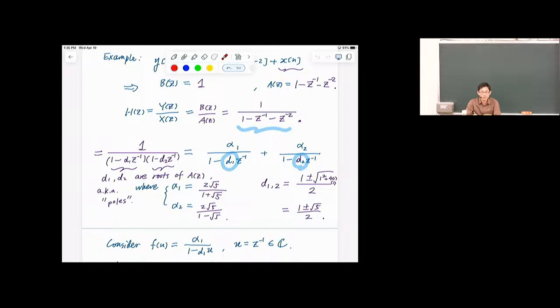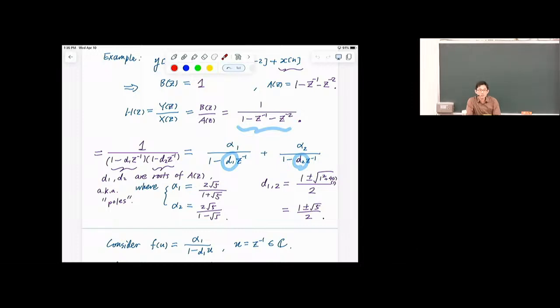You can always factorize any polynomial in this way, and that's called the fundamental what? Do you know the name? This is 代数的基本原理, the fundamental theorem of algebra: any complex coefficient polynomial has a root in the complex domain. It's very, very basic stuff. Okay. And from there, the root always exists.